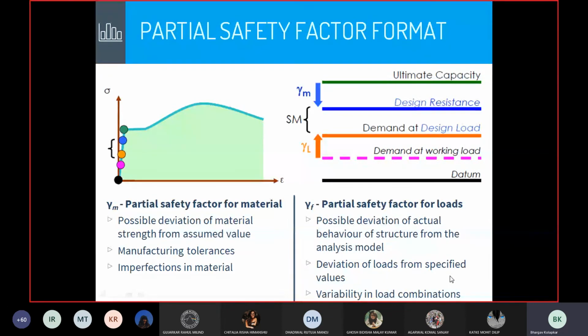In my design I have assumed 1.5 dead load plus 1.5 live load, but it might happen that the live load has shot up much higher, say when I convert from a hostel building to a classroom, my live load has shot up by 2 times, 2.3 times, and so on. So there's always a possibility of variability in load combinations. To account for all these factors, we underestimate the strength and overestimate the load.